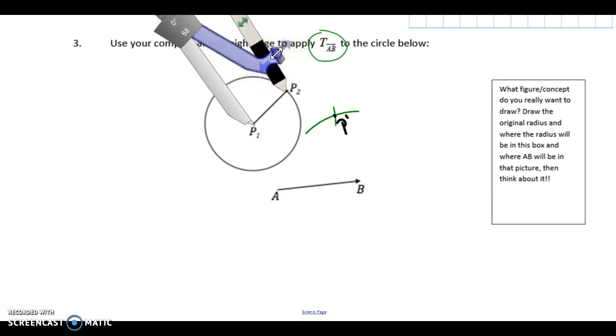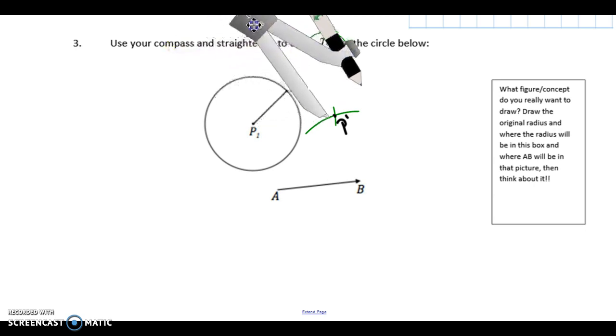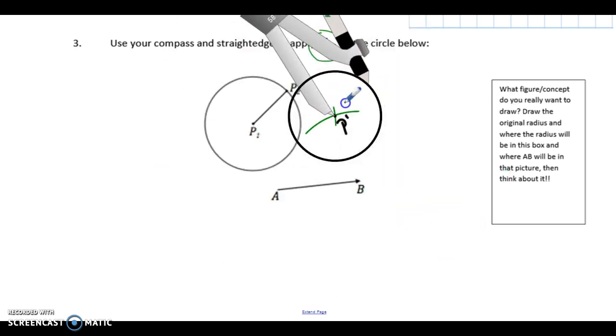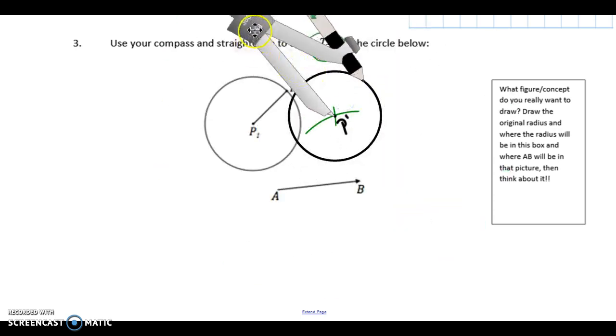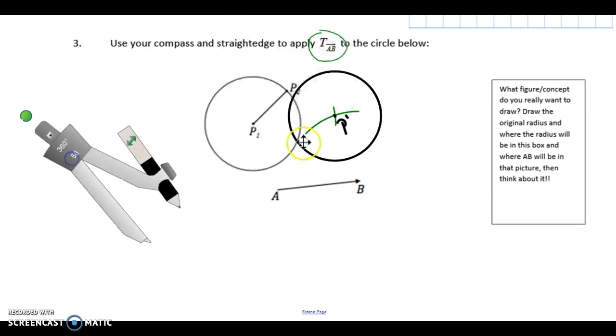Okay, once I've done this, I've measured the radius of the circle. Now I can move to my new point P prime and draw the circle. And now we have translated this circle the same length as AB. So from here to here should be the same vector as AB. And we're done.